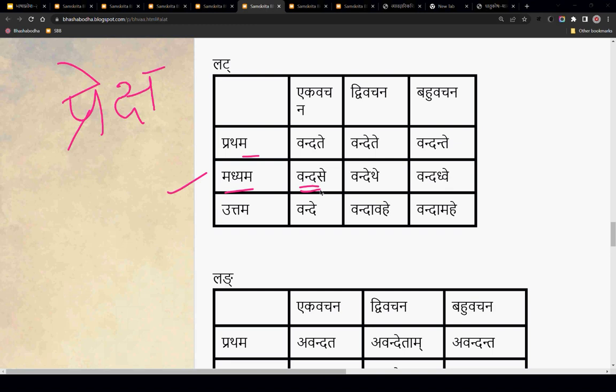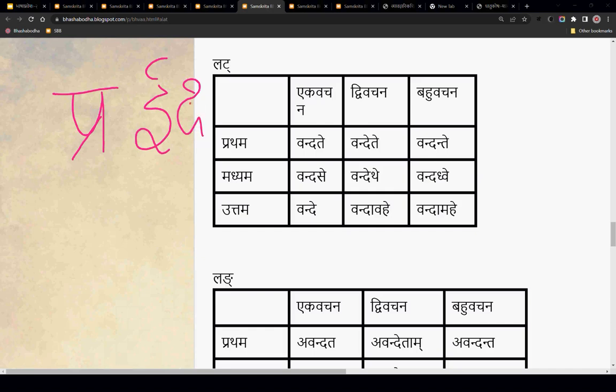Correct. Prekshe, Prekshavahe, Prekshamahe. But note that here pra is an upasarga, and the actual dhatu is iksha only. The dhatu is iksha, and we are adding pra. Like upavishati, there also upa is the upasarga.